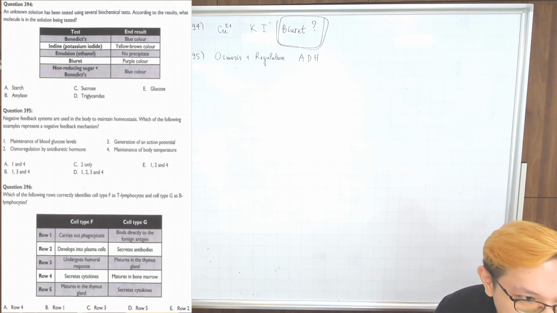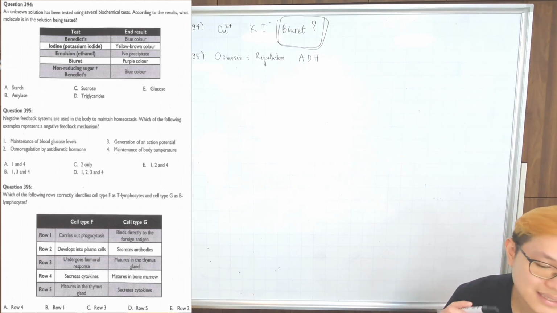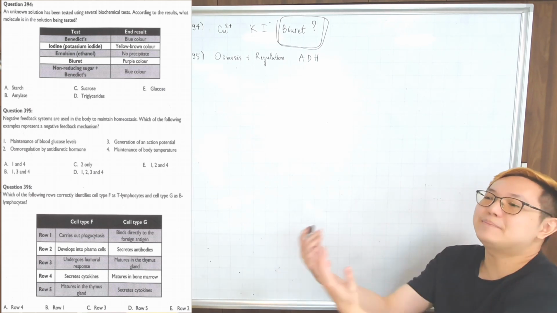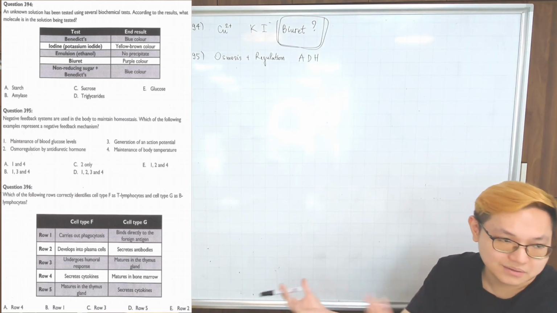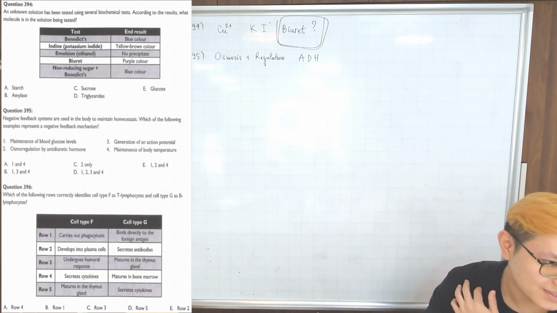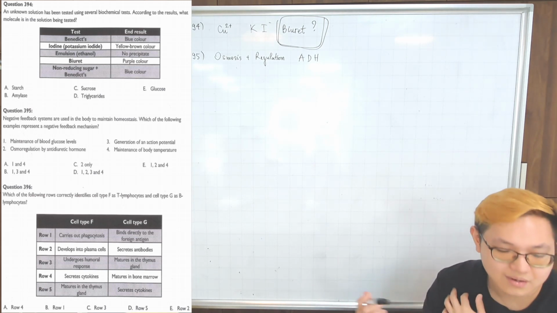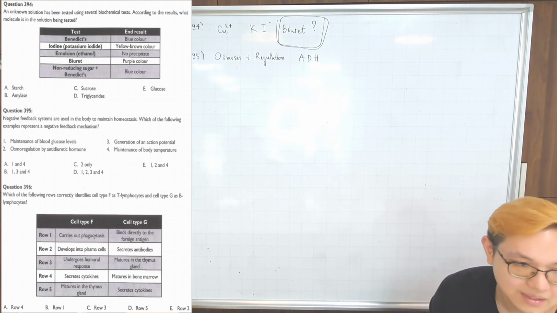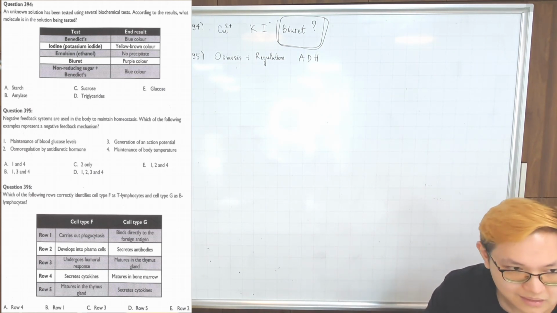Không cho đi tiểu, nó ngăn sự mất nước và muối khoáng. So it's against diuretic, which means keep the water and minerals. So number 2 is negative feedback. It's true, nó cũng là negative feedback luôn. Quá nhiều thì sẽ loại bớt, ít thì giữ lại.